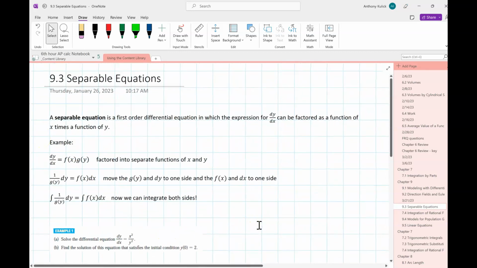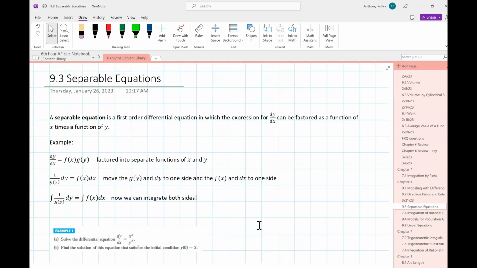So section 9.3, we're going to be talking about a technique to solve these differential equations algebraically. So in 9.1, we talked about how you can confirm whether something's a solution to a differential equation just by taking its derivative and plugging it into the differential equation, seeing if it matches out.